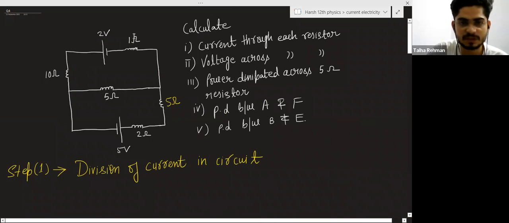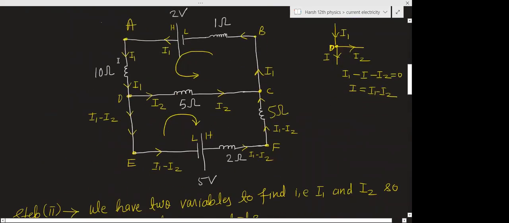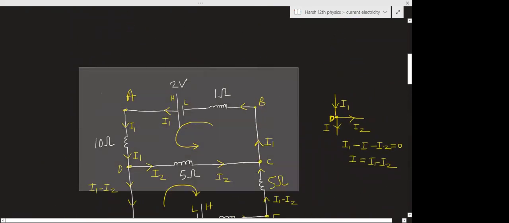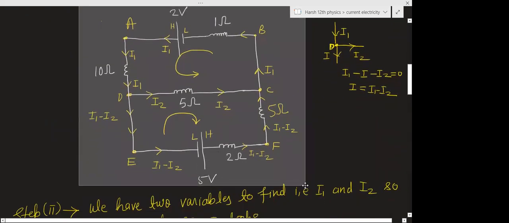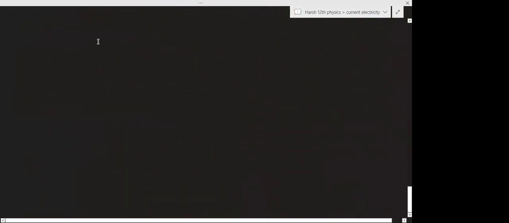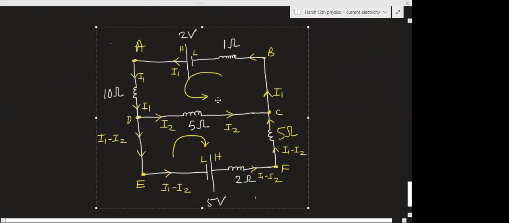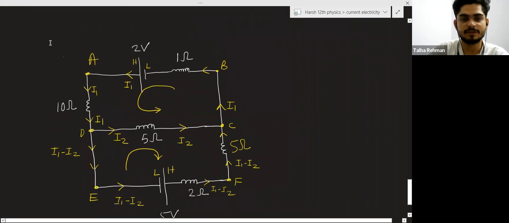Current through each resistor means current through this 1 ohm resistor, this 10 ohm resistor, this 5 ohm resistor, this 2 ohm resistor, this 5 ohm resistor. So we can find it now very easily. So see the circuit.